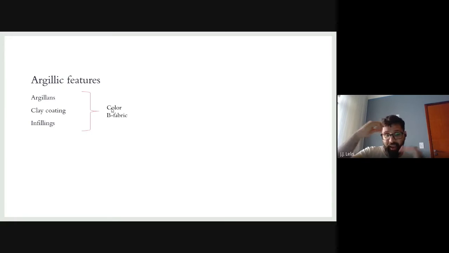So I have a high content of iron, or I don't have so wet conditions and I have a low biological activity. And I formed horizons or layers that present a low organic carbon content.